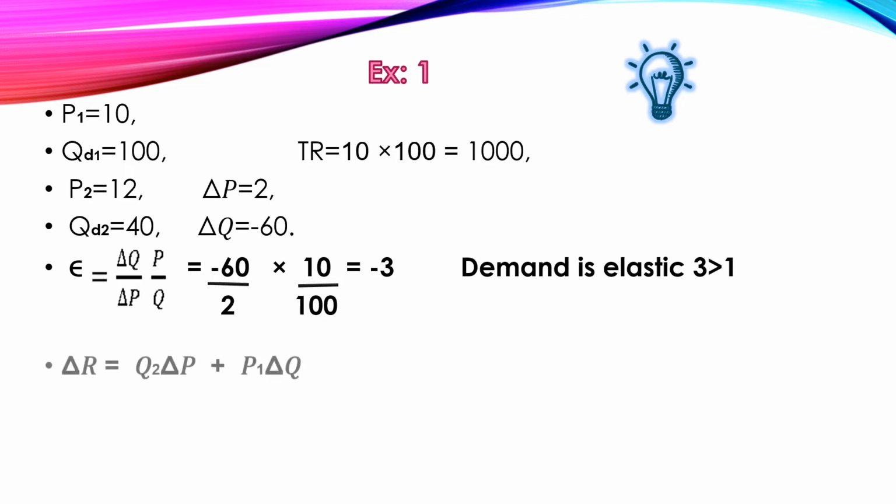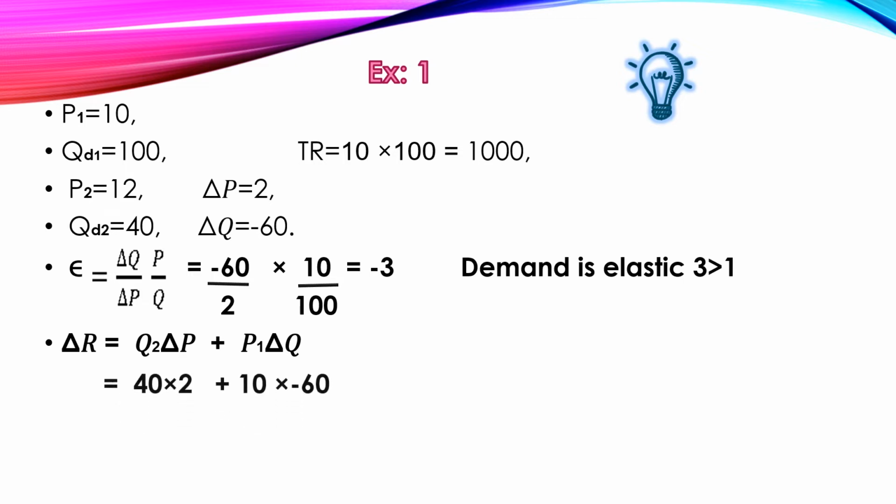We have to know the change in revenue. Change in revenue equals quantity times change in price, this is the direct effect, plus price times change in quantity, this is the indirect effect. Quantity equals 40, change in price equals 2, price equals 10, change in quantity equals negative 60.